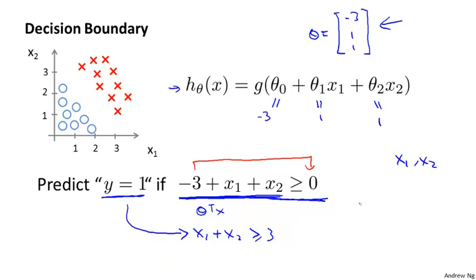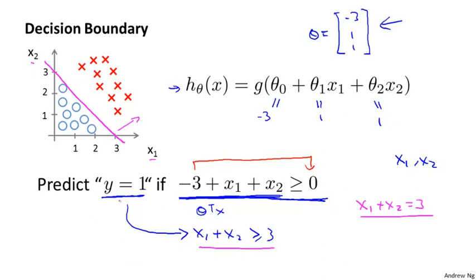If I write down the equation x1 plus x2 equals 3, this defines the equation of a straight line. And if I draw what that straight line looks like, it gives me the following line, which passes through 3 and 3 on the x1 and the x2 axes. So the part of the input space, the part of the x1, x2 plane that corresponds to when x1 plus x2 is greater than or equal to 3, that's going to be this right half plane.